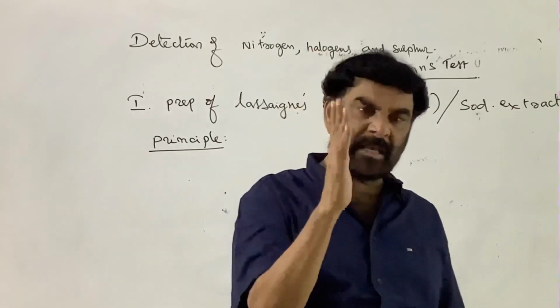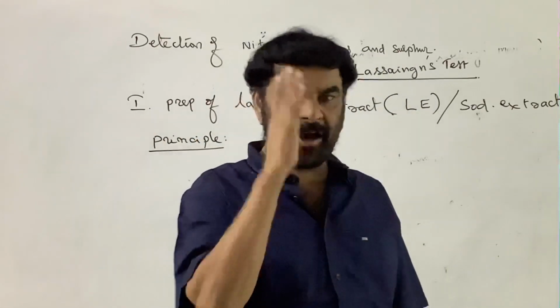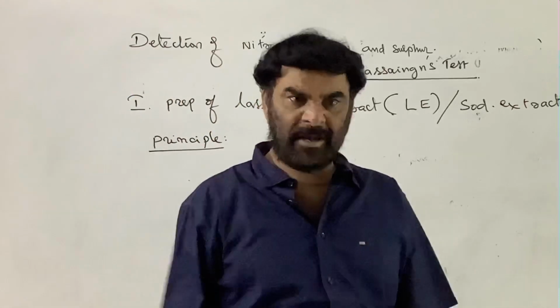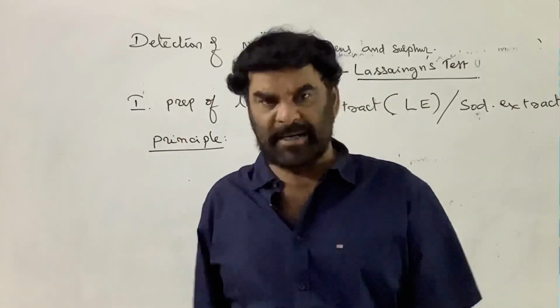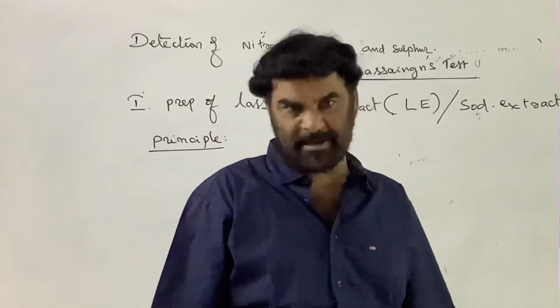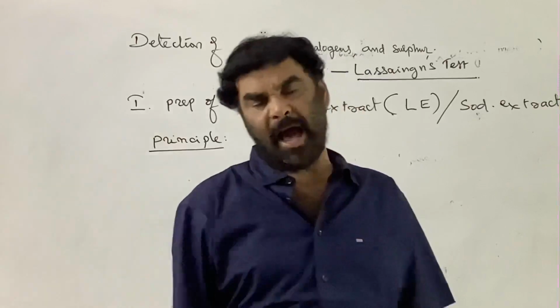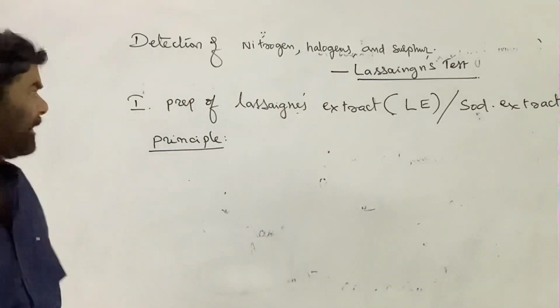So the organic sulfur is to be converted into the inorganic sulfide ion, organic nitrogen to be converted into the inorganic cyanide ion, and organic halogen, the halogen connected to the carbon, is converted into the halide ion. Right? This is the case.